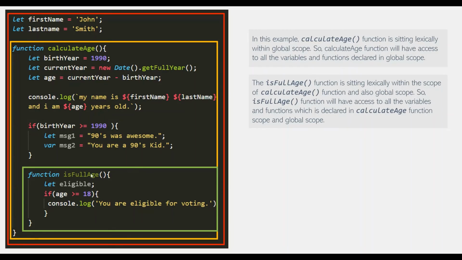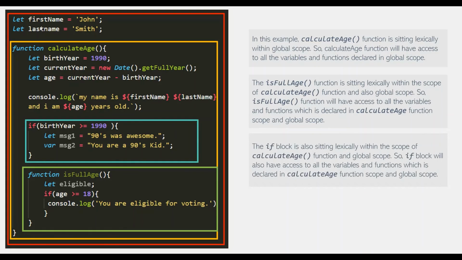And this isFullAge is also sitting lexically within the global scope, so it will also have access to the global variables and functions. Now in this example, we also have one more scope, created by this if block. This if block is also sitting lexically within the scope of the calculateAge function and the global scope.